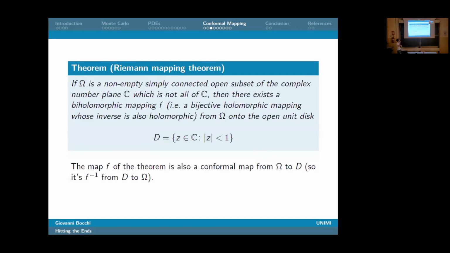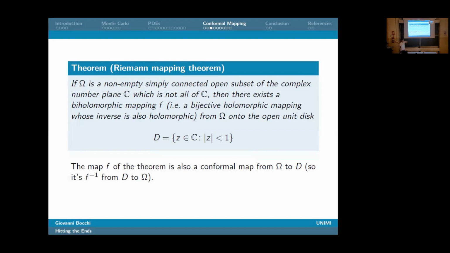Then we have this other famous result, the Riemann mapping theorem, that proves that if omega is non-empty, simply connected, open, and not the entire complex plane, then there is a biholomorphic mapping F, so bijective and holomorphic with inverse also holomorphic, from omega onto the open disk.